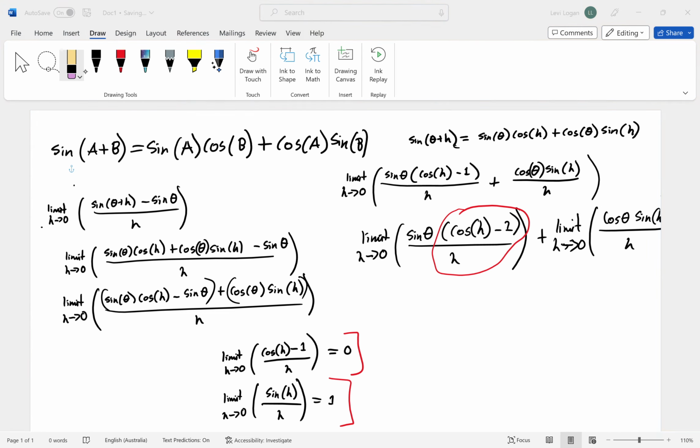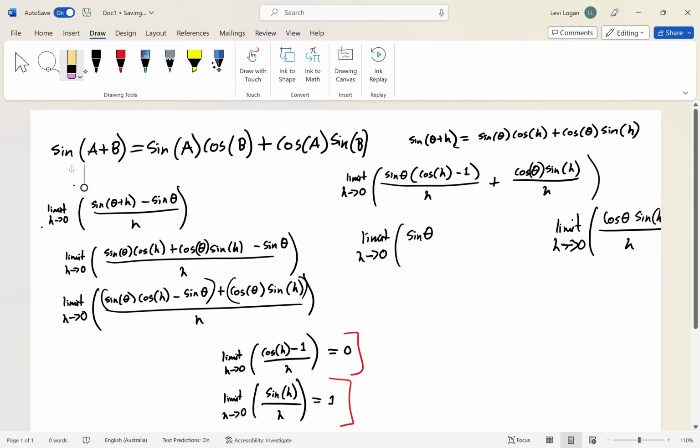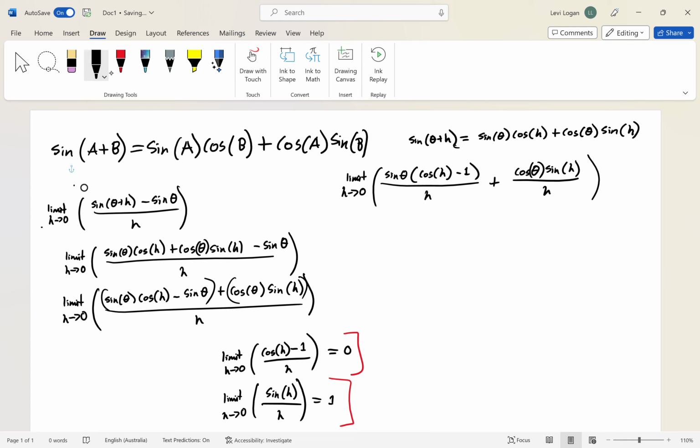That whole thing is equal to 0. So we have sine of theta multiplied by 0 plus cos of theta, and this entire limit here is equal to 1 times 1. So we've applied these limits to both of these things, so we don't need the limit h anymore, because we don't have an h anymore. If you multiply something by 0, it turns to 0, so we're left with cos of theta.